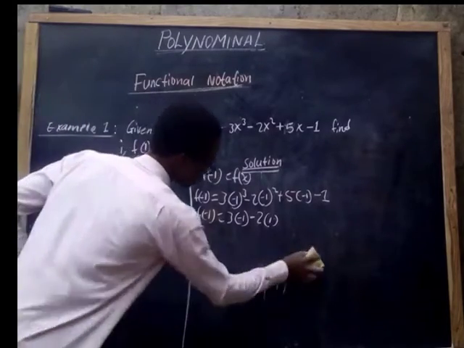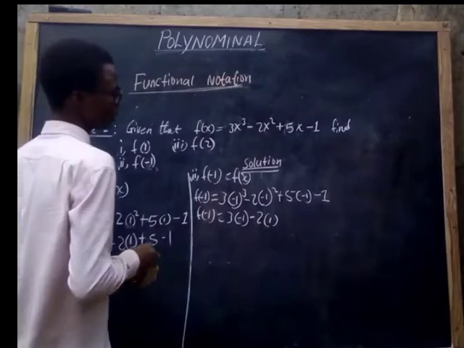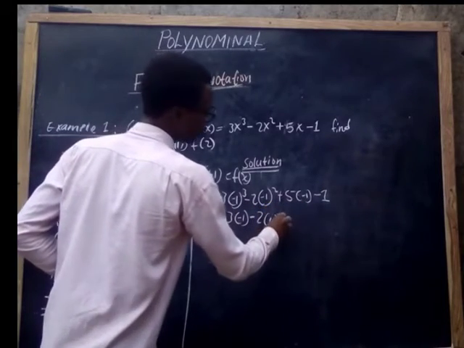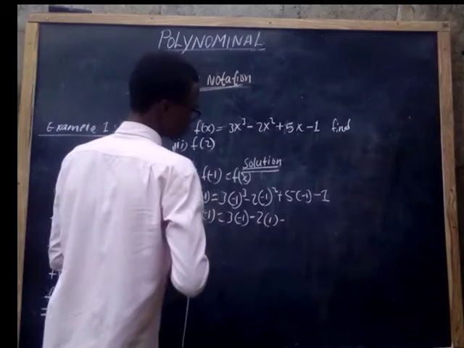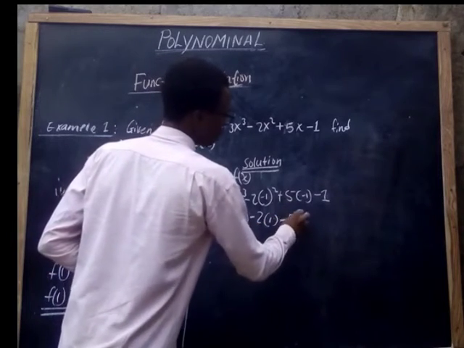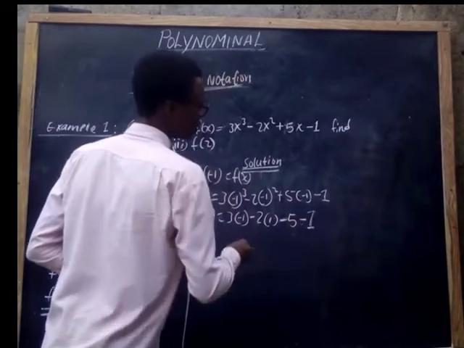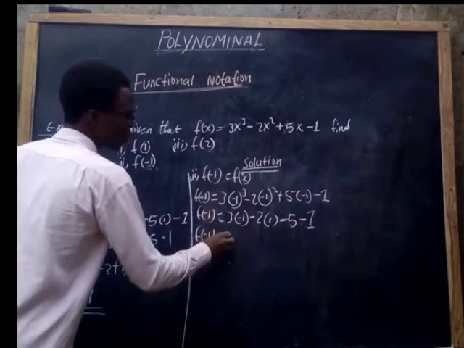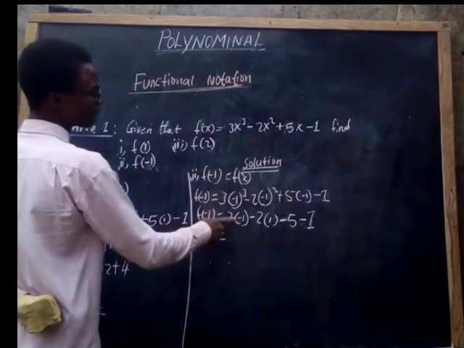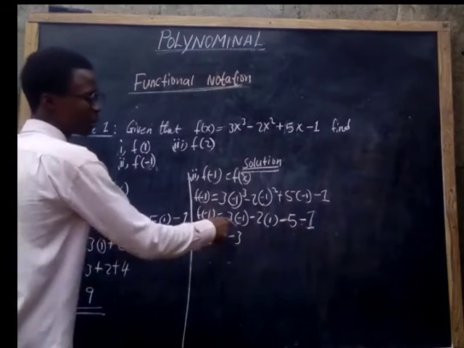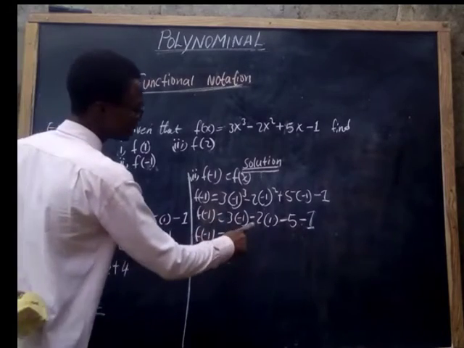Good. So we go. Plus times minus is equal to minus. 5 times 1 is 5, minus 1. Do you see? Good. So f(-1) is equal to what? 3 times minus 1 is equal to what? Minus 3.